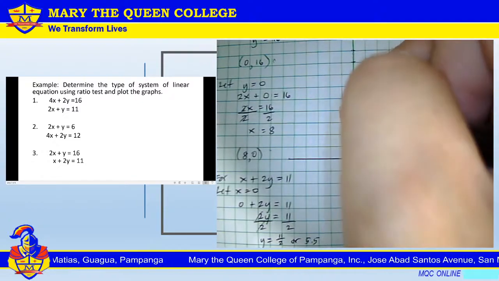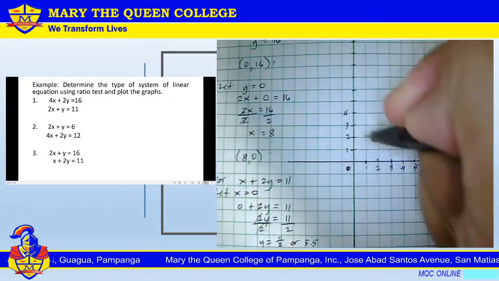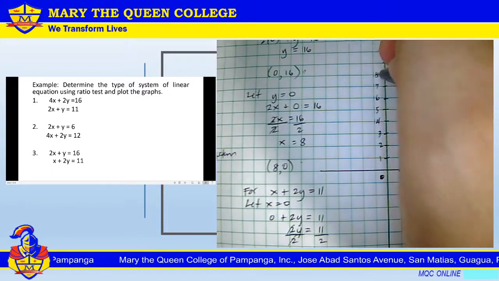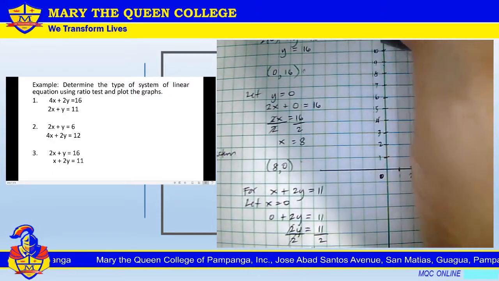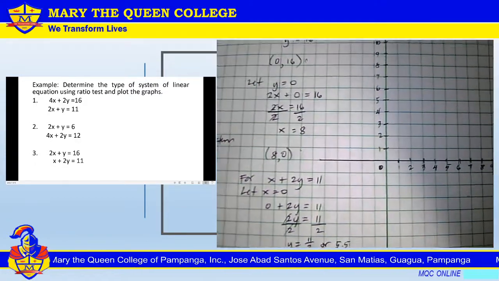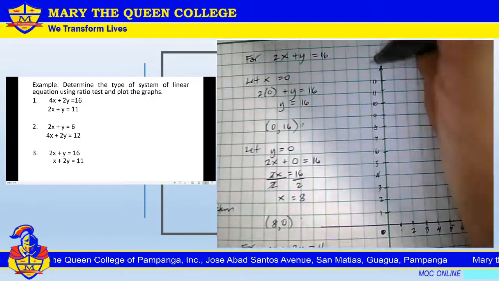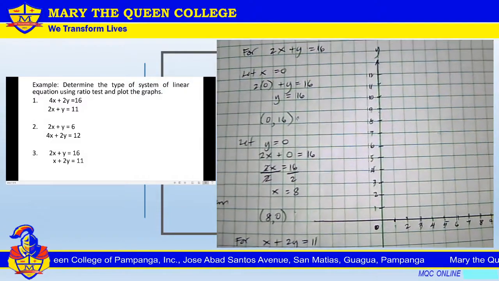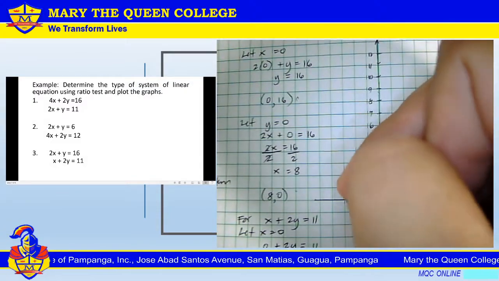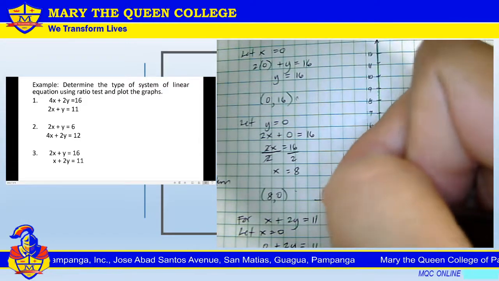So we have 1, 2, 3, 4, 5, 6, 7, 8, 9, 10, 11, 12. So this is our y-axis. So this is negative 1, negative 2, negative 3, negative 4.